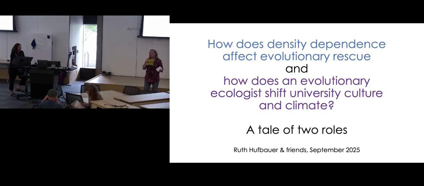So Ruth is a fantastic evolutionary ecologist who uses applied systems to ask basic or foundational evolutionary questions. She asks questions about population expansion and what allows a population to adapt versus go extinct.